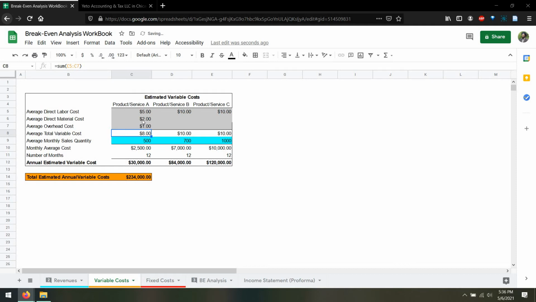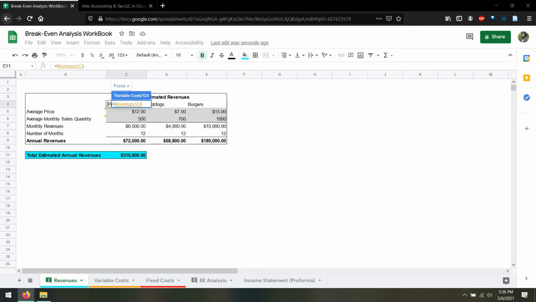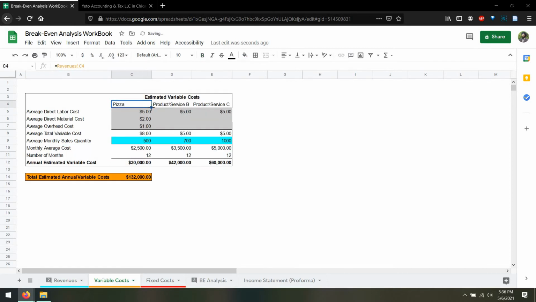Of course, the overhead assigned to the production of each one of these goods is a little bit more complicated and much more nuanced than what we are doing here. All right, and then we can do the same thing for the other products, right? So let's bring that information from here so that it reflects exactly the same thing.